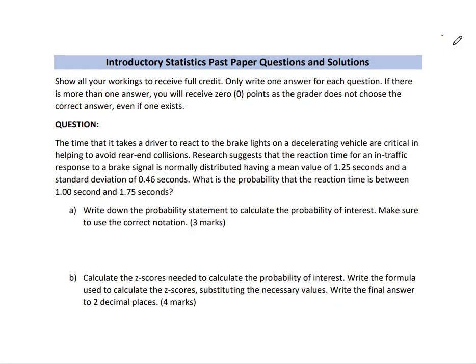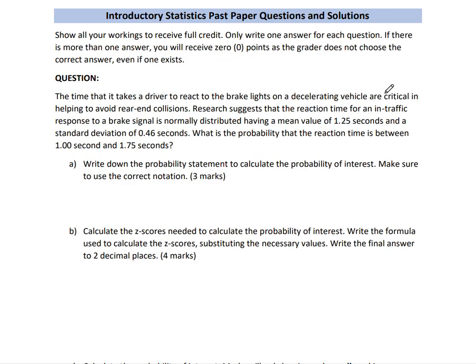In the first question here we are told that the time it takes a driver to react to the brake lights on a decelerating vehicle is critical in helping to avoid rear-end collisions. Research suggests that the reaction time for an in-traffic response to a brake signal is normally distributed, having a mean value of 1.25 seconds and a standard deviation of 0.46 seconds.